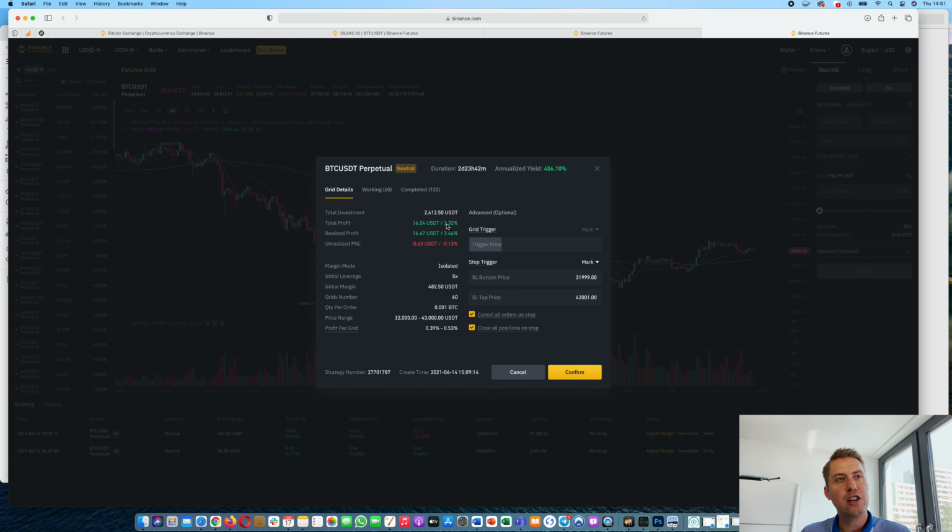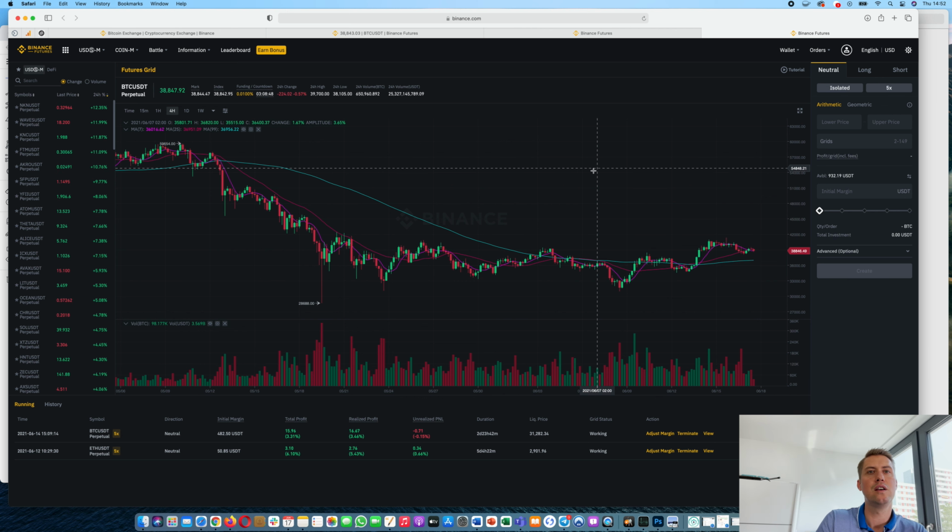As long as it's ranging, you are making a lot of money, and once it leaves the range, your profit goes down a bit, and then you need to find a new range. As you can see here, my annualized yield would be 400%, which is really a lot. However, that would only happen if Bitcoin ranges in that range for a whole year, which is for sure not going to happen.